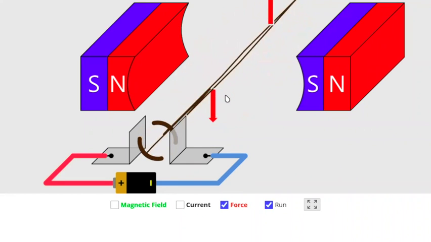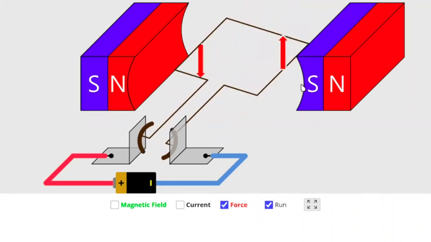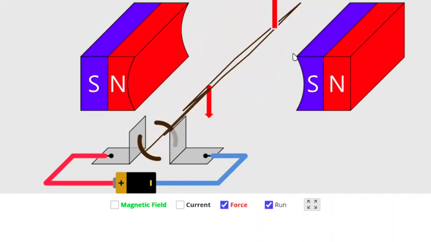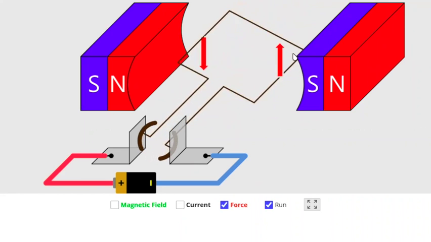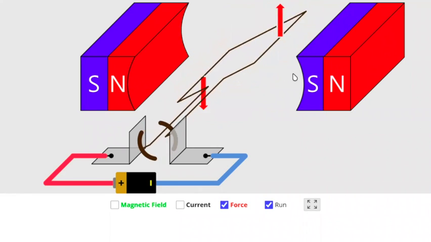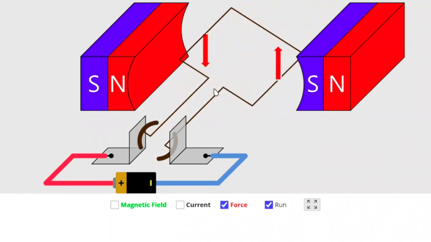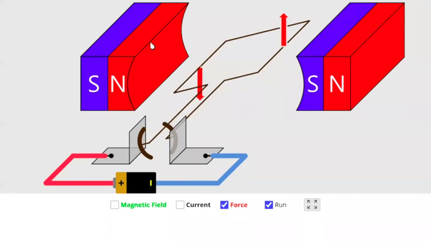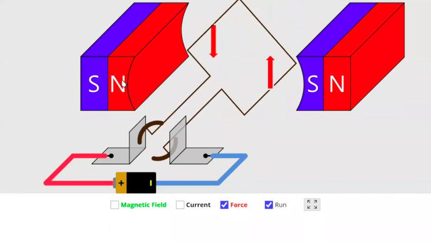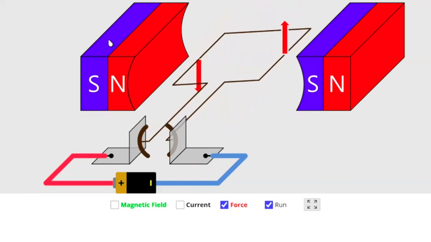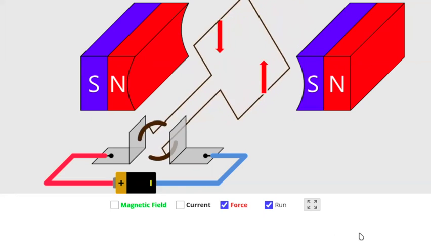One end is experiencing a downward force, another end is experiencing an upward force. So that stick or bar magnet gets rotated within the magnet, right? Yes, sir. Okay, so what are the requirements? This is one magnet, right? On the left hand side, are you able to see it? Yes, sir. This one, right? Yes, sir.